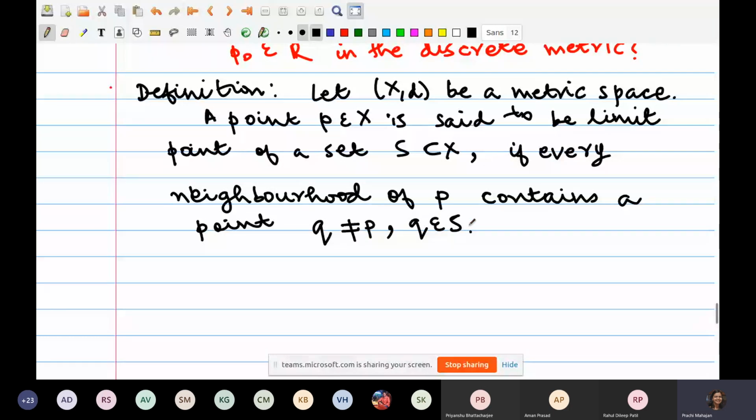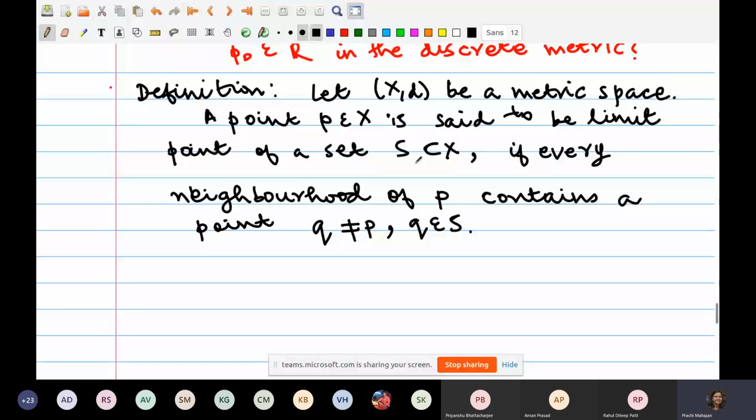What is it saying? Given a metric space X, S a subset of X, and P a point of X, when do we say P is a limit point of the set S? We say that if every neighborhood of P contains a point of S different from P.